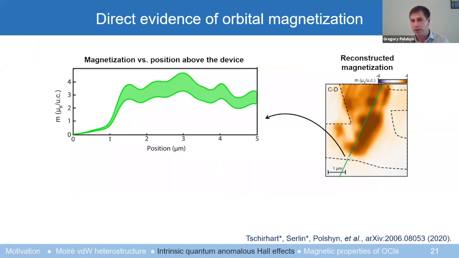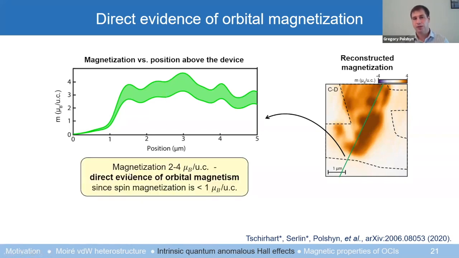If we look at the absolute magnitude of magnetization inside this ferromagnetic domain, and take a line cut across this image, across the part which corresponds to the domain itself, we can see that the magnetization ranges between 2 and 4 Bohr magneton per Moire unit cell. This is quite interesting because the maximum possible magnetization due to spin in this system would be 1 Bohr magneton per unit cell.